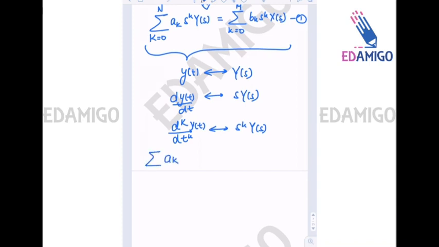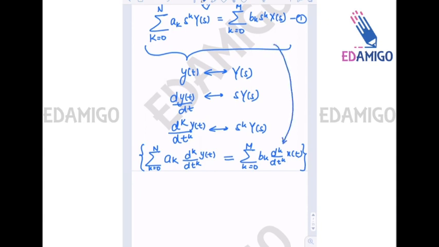It is written as summation of a_k d^k y(t)/dt^k equals summation k equals 0 to M of d_k d^k x(t)/dt^k. So this is the time domain equation of the above equation.